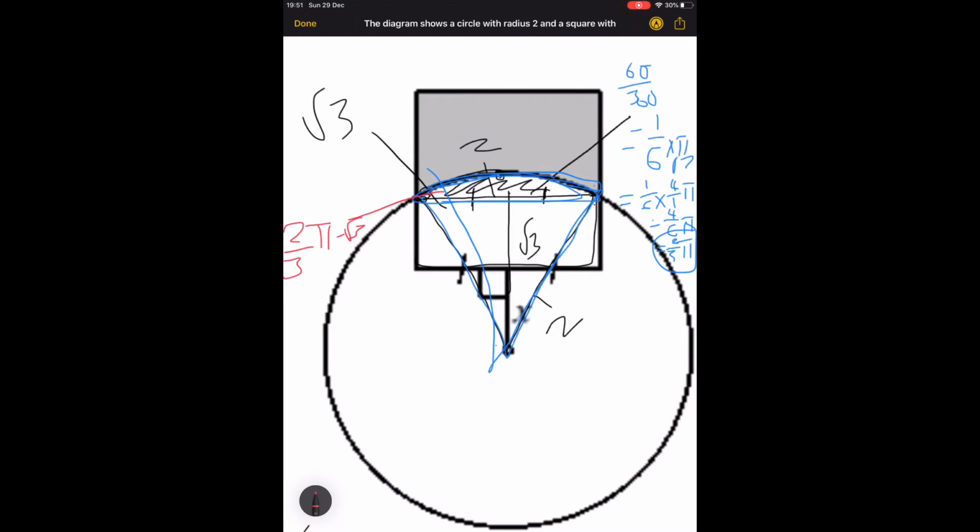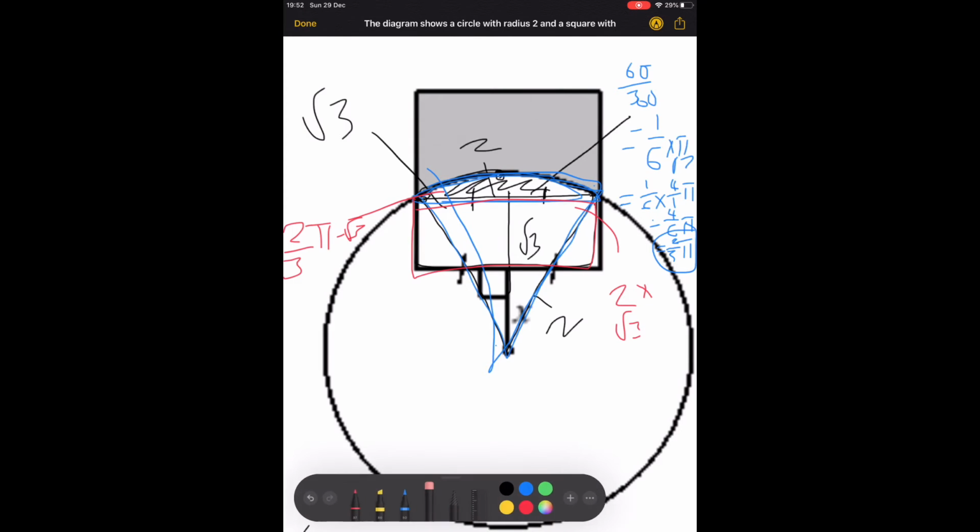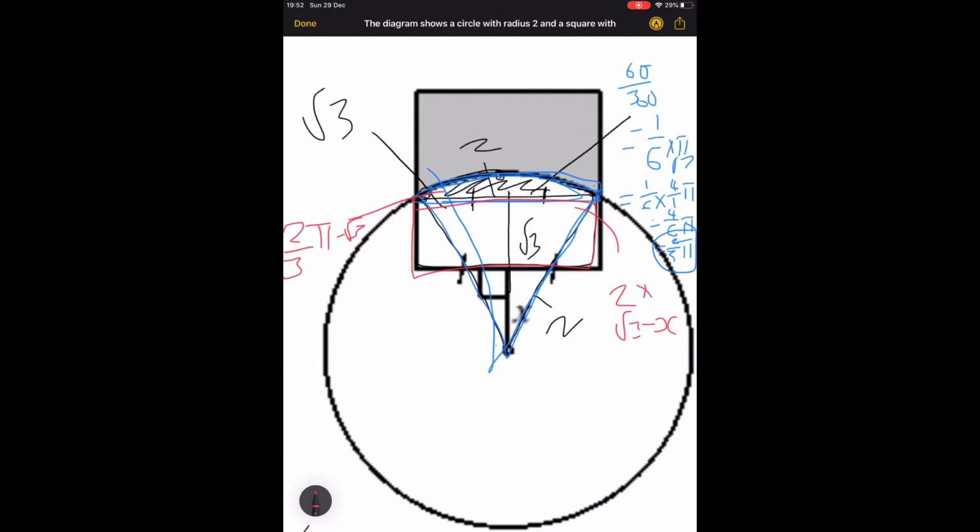And now we can create another shape, which could be this rectangle here, which is underneath our segment. So we know that its length is 2, and we know its height would be root 3 minus x, because we minus this part to get the height of that.